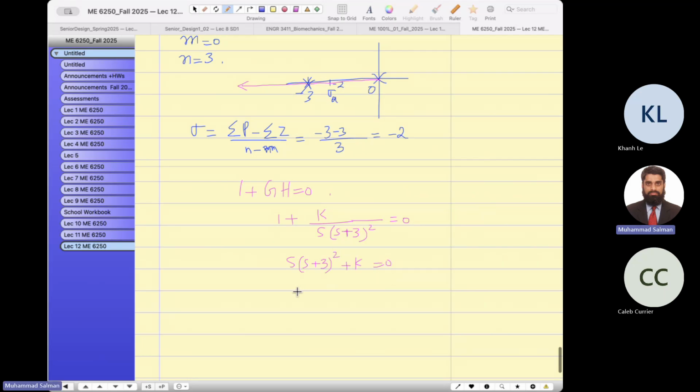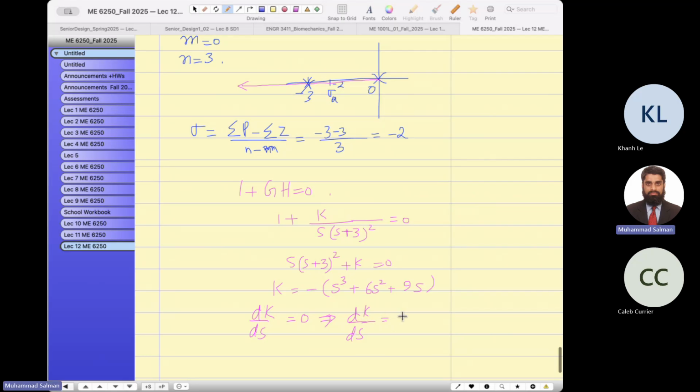So if you bring it to the right hand side, this becomes K equals negative s cubed plus 6s square plus 9s. And then differentiate it with respect to s and equate it to 0. That will give us the location of the breakaway point.